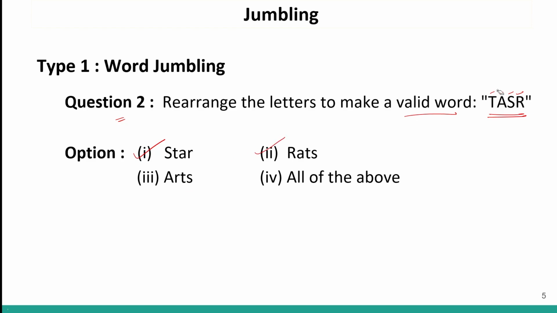Can we make arts? ARTS. Yes. Are these all meaningful words? Yes. So our answer will be option number 4, all of the above. So from one scrambled word, we can also make many different meaningful words. So either you can get a question like the previous one, or you can get a question like this.